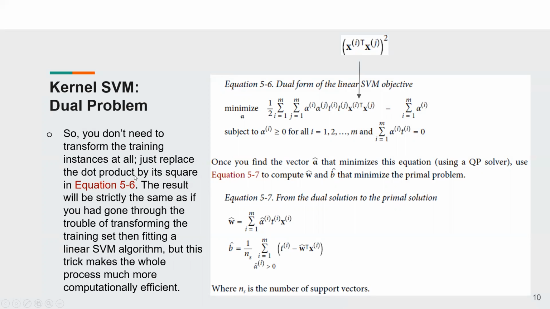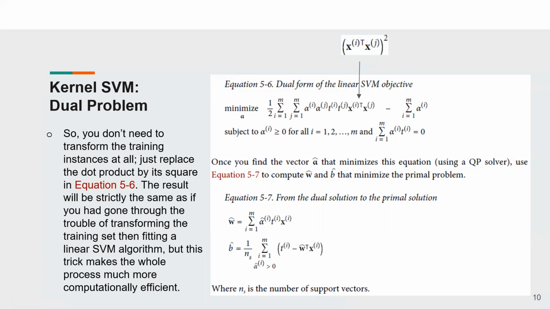Just replace the dot product by its square. By doing that, the result will be strictly the same as if you had gone through the trouble of transforming the training set, then fitting a linear SVM algorithm. But this trick makes the whole process much more computationally efficient. That's the whole idea of the kernel trick.